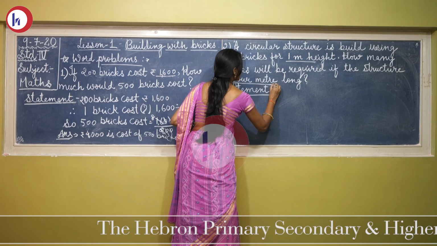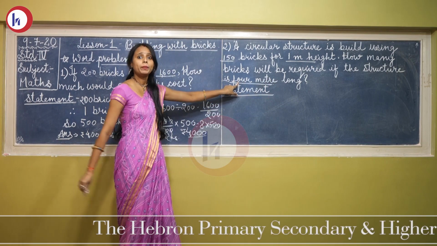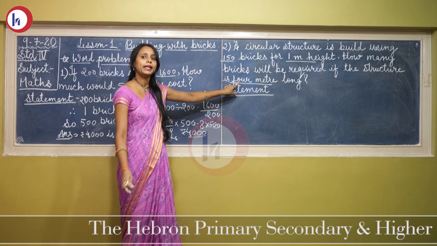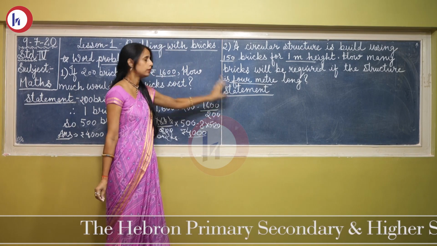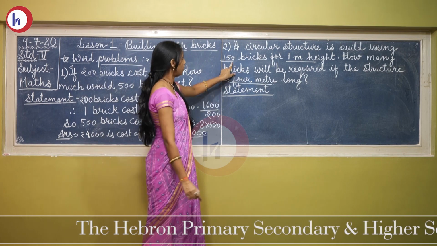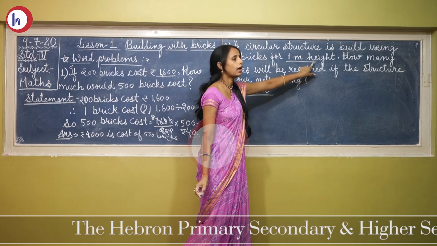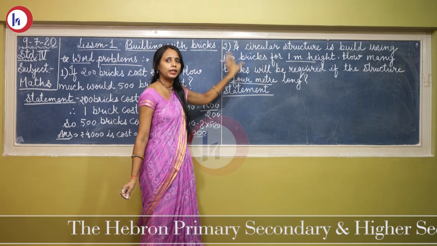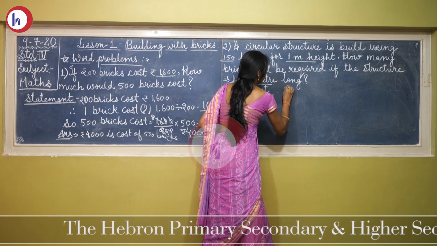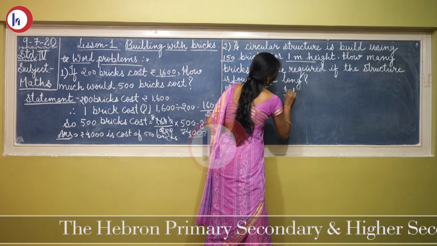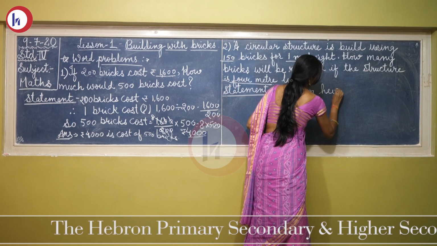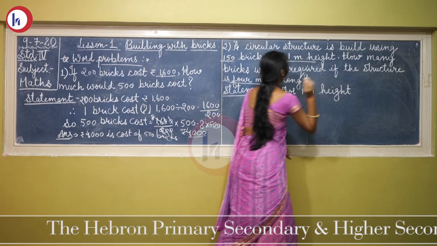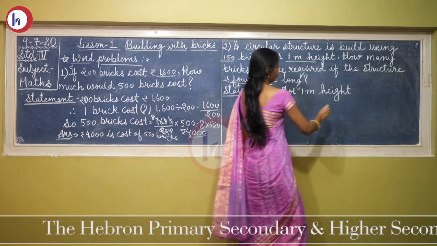Now the question is, how many bricks will be required if the structure is 4 meters long? The question is that for 4 meters, how many bricks will be required? So we will write it as a statement, then start. The first line will be: 1 meter height, 150 bricks. For 1 meter height, how many bricks do we need? 150.